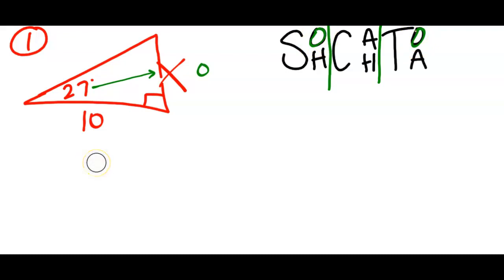How is 10 related to our 27? Well, 10 is adjacent to our 27. So this one I need my hypotenuse, so that one doesn't work. Cosine doesn't work at all because I don't have an opposite in there. So here I have opposite over adjacent. So I'm going to use tangent in this solving.